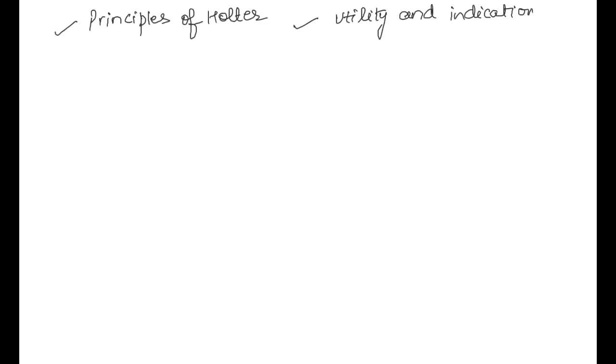Okay, principle of Holter we have to do, and then we have to do utility and indications, and also analysis of Holter.